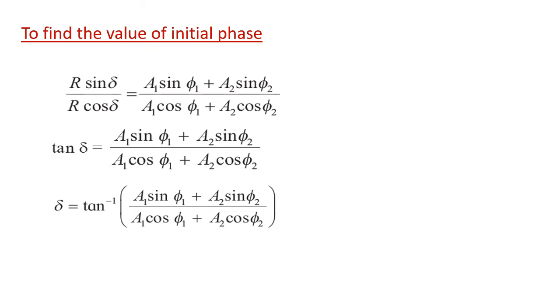So delta is equal to tan inverse of a1 sine phi 1 plus a2 sine phi 2 divided by a1 cos phi 1 plus a2 cos phi 2. So this equation helps us to determine the value of the initial phase of SHM.